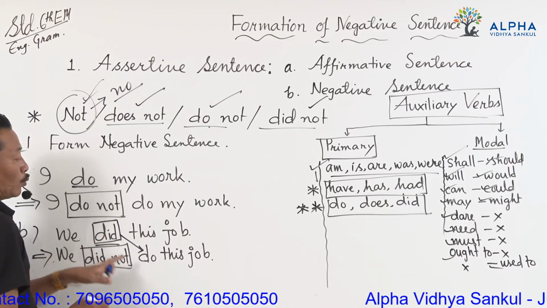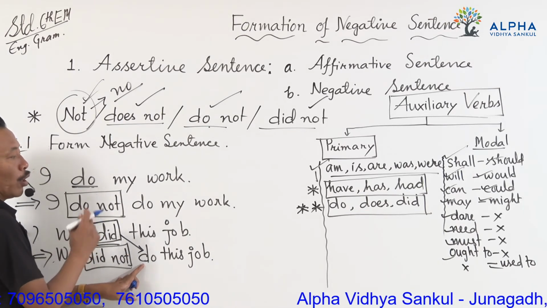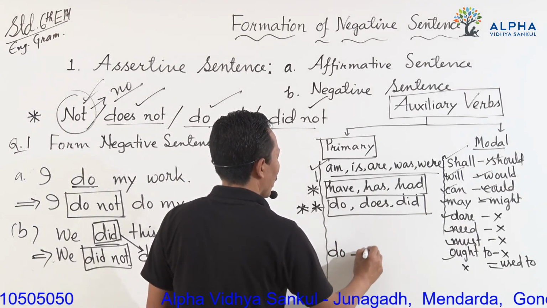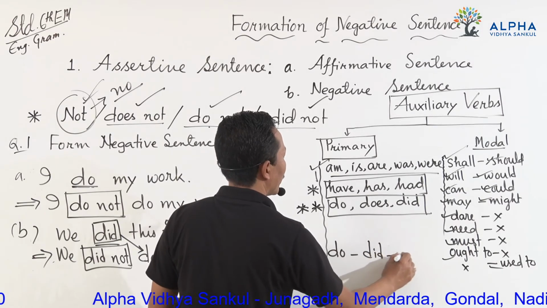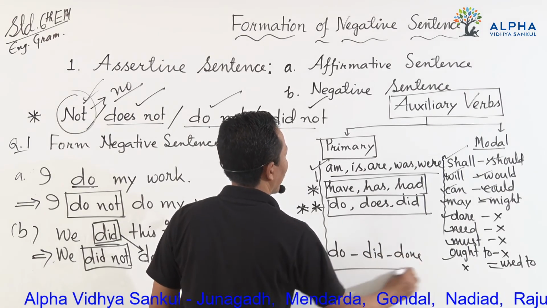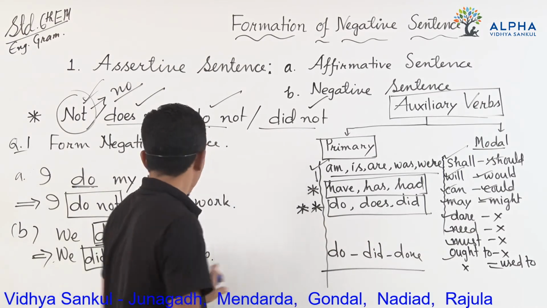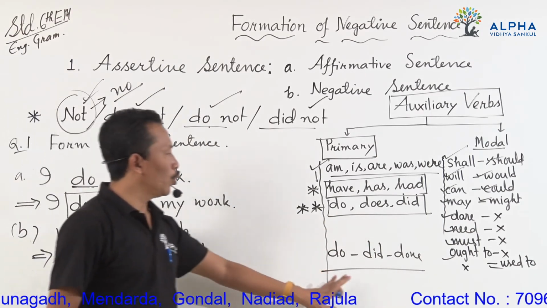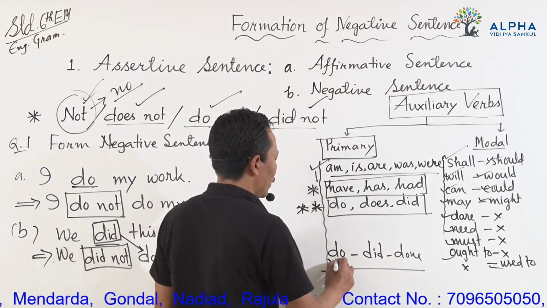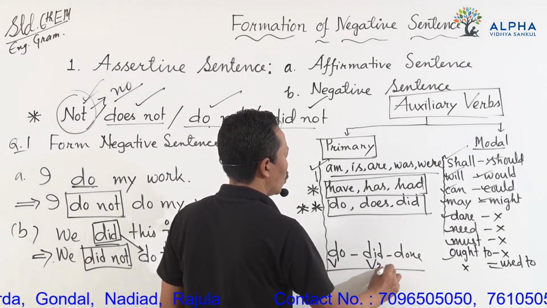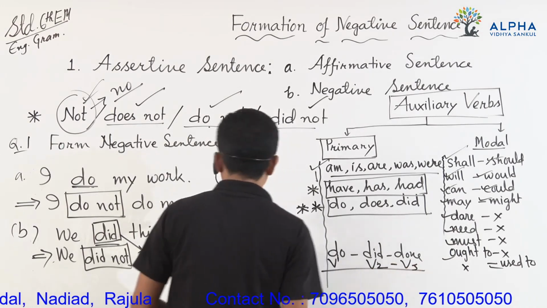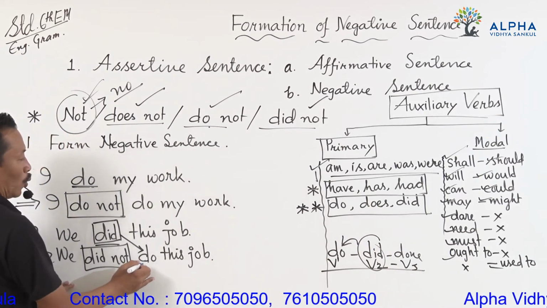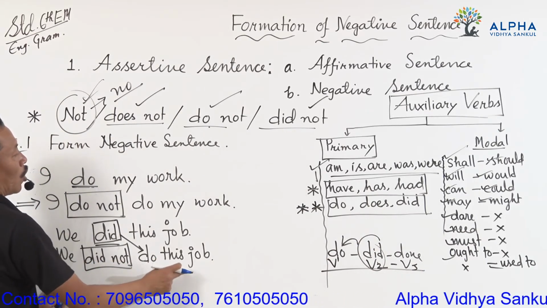Why? It is in the past, so we have to change it into V2. The rule is: do, did, done. Here this do, does, did, we are using as a main verb. Do, did, done: it is V1, V2, V3. So this V2 will come back to V1, do. We did not do this job.